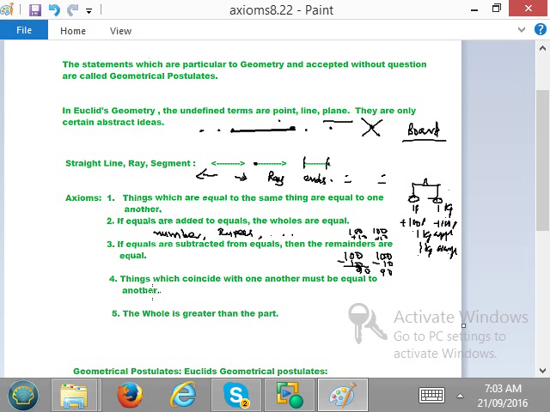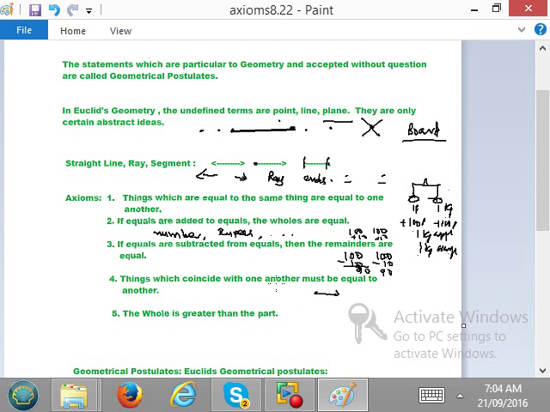Next point, things which coincide with one another must be equal to one another. What do you mean by coincide with one another? Suppose the starting point is here. I'm representing here.